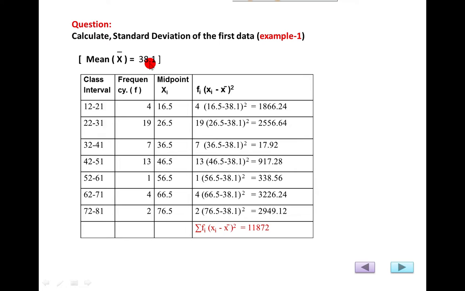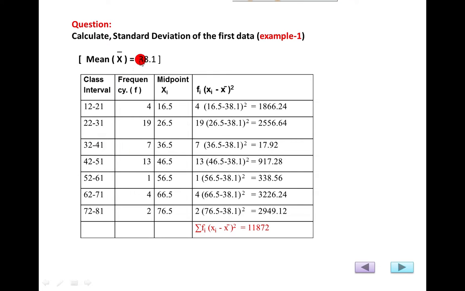The mean is 38.1. You can check in your previous videos on mean, median and mode. If you have the data, first we will calculate the mean, but you have already calculated it.